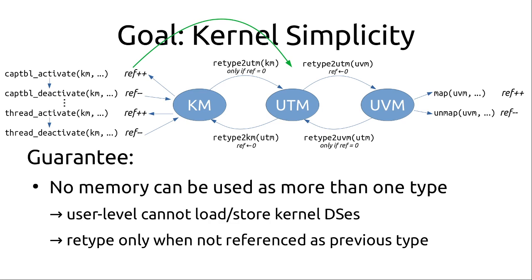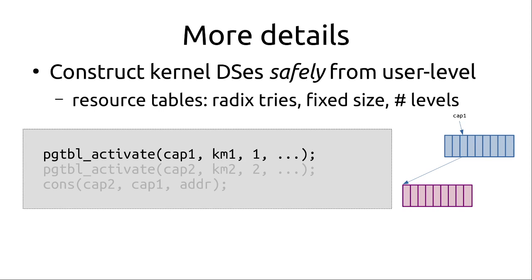Of course, not every single component is going to have access to all of untyped memory in the system. So you can only essentially use that untyped memory that you have access to. You can only actually activate kernel resources when you have access to nested resource tables and are usually a capability table or a memory capability manager or a memory manager, for instance. Okay, so let's go a little bit further into what it might look like to create a kernel data structure.